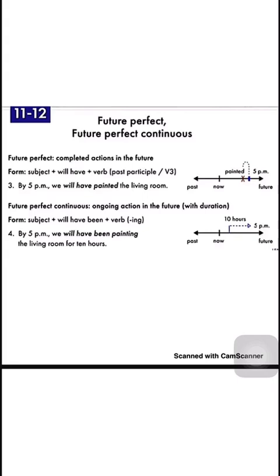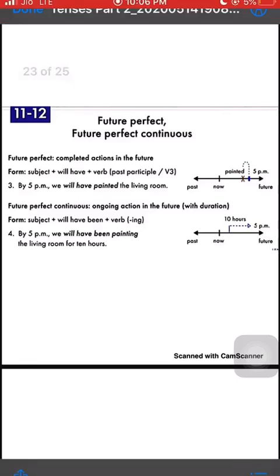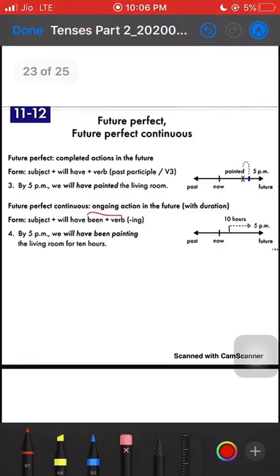The action will still be continuing at 5 p.m. also, but he is specifying the duration, that by then it will be 10 hours. So future perfect continuous is used for an ongoing action in the future, and we also have to mention the duration.